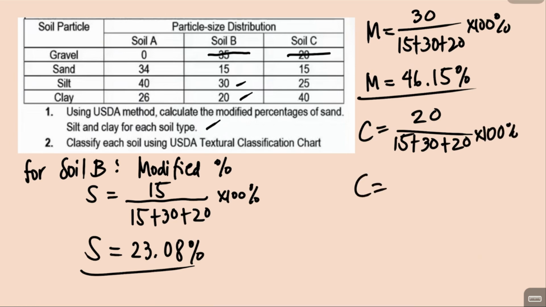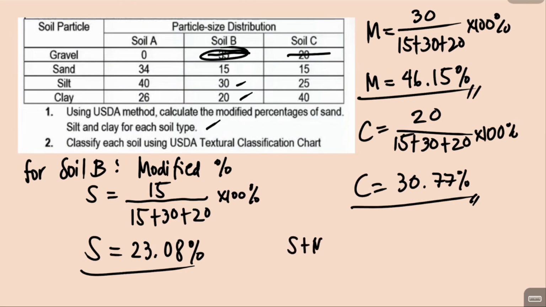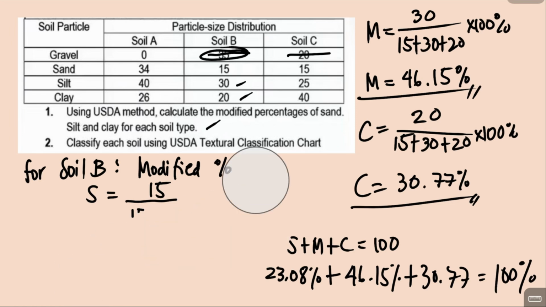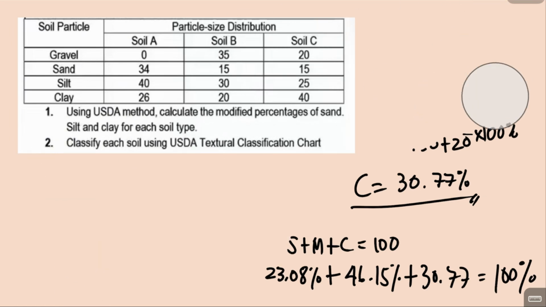So the modified percentage for clay now will be 30.77%. To check whether our modified percentages are correct, S plus M plus C should be equal to 100%. So 23.08% plus 46.15% plus 30.77% should be equal to 100%. You check it, it will be equal to 100%. That means we are on the right track.